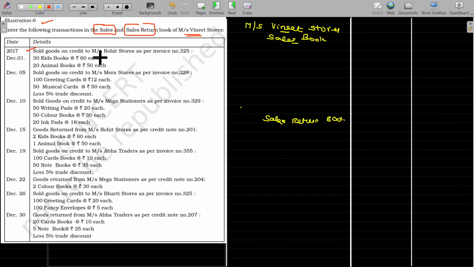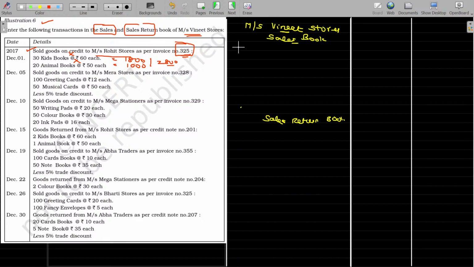Sold goods on credit to Mrs. Rohit Store as per invoice number 325. You can have a column for referring this invoice number. 30 kids books at rupees 60 each, 1800. 20 animal books at rupees 50 each, 1000. 2800 rupees, at which it is sold to Rohit.